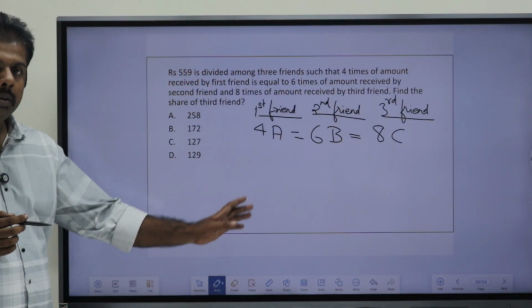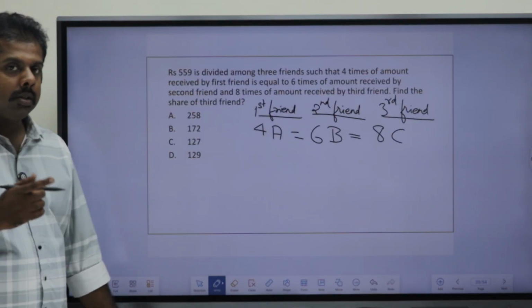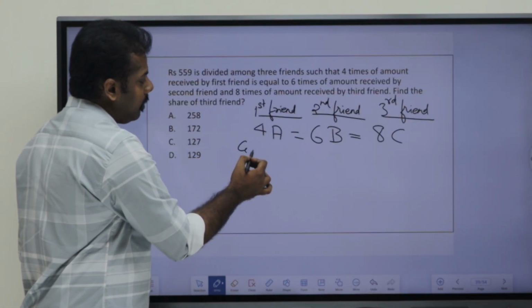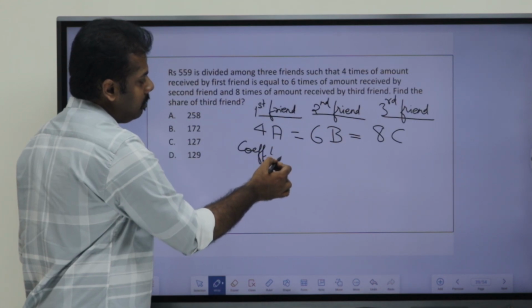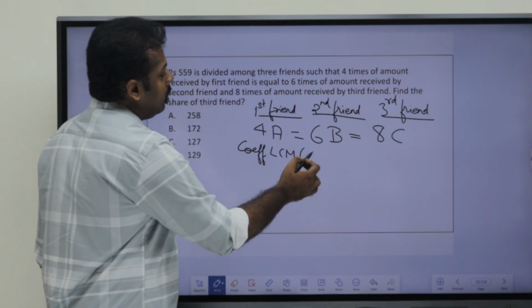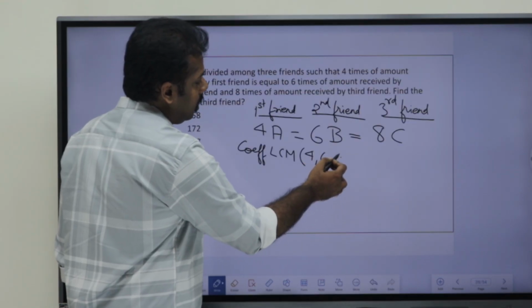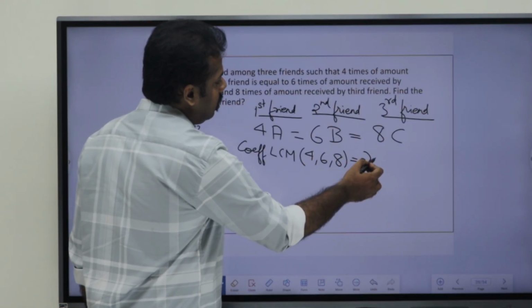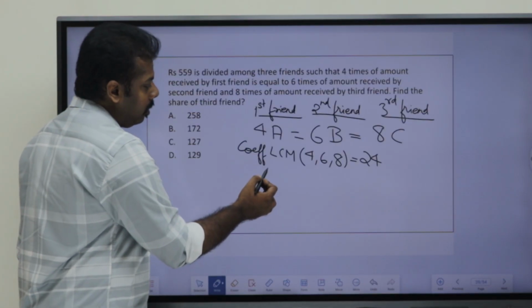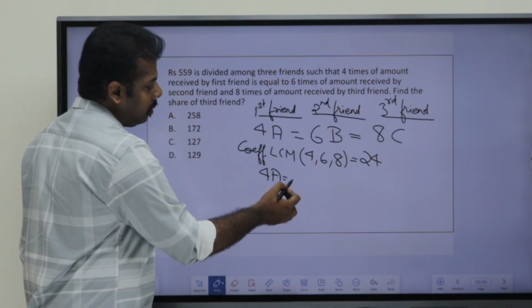Now, try and find the ratio of A, B and C. We know the method. First, find the LCM of the coefficients, the LCM of 4, 6 and 8, which is 24. Now, compare all the values with 24.